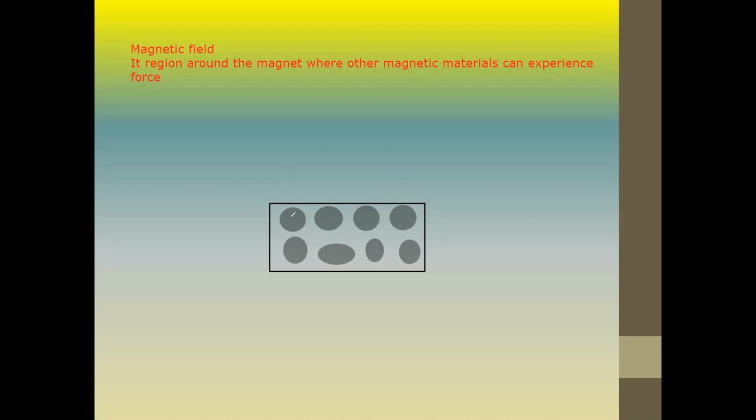These are the atoms, and I'm not drawing the nucleus and electrons. Due to the particles inside, each atom creates a magnetic field, so each atom behaves like a magnet. The arrow represents the atom acting like a magnet. If these atoms are aligned or arranged, what will this material be? This will be a magnetic material.